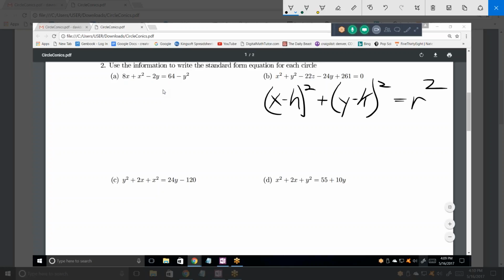And the first step is to gather the x terms together and gather the y terms together. And here's how I'm going to do that.